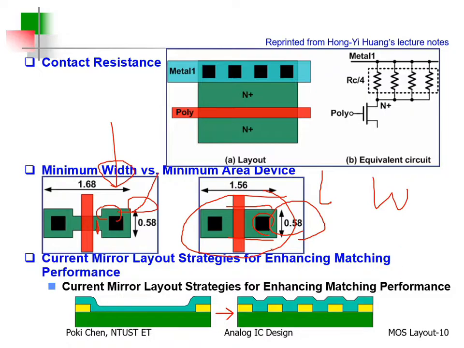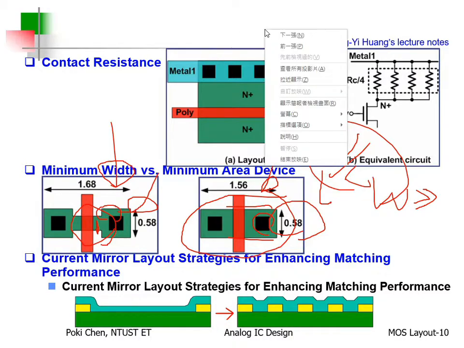All right. In this way, you can compose the minimum area layout. And you can see W larger than the feature size. According to W over L, it can generate more current than this one, right?